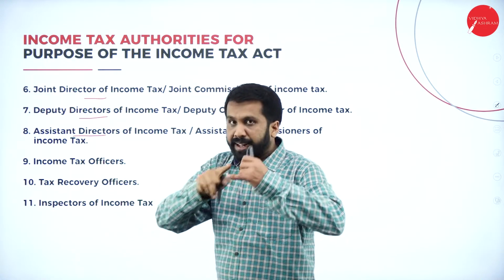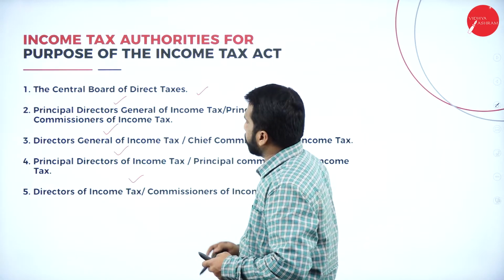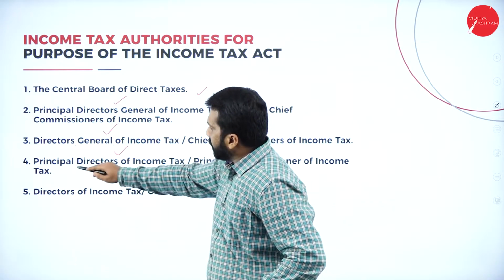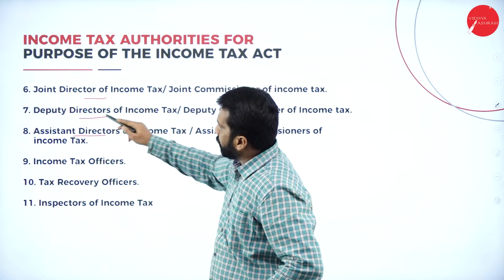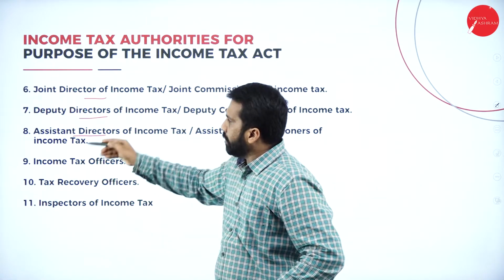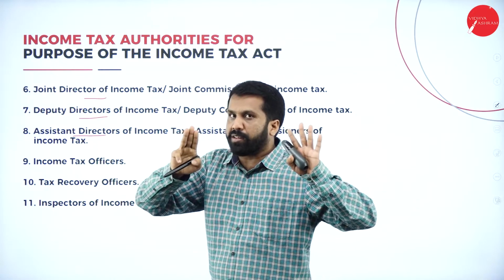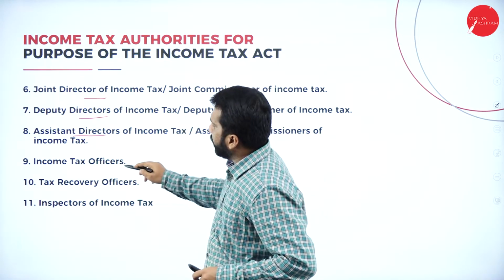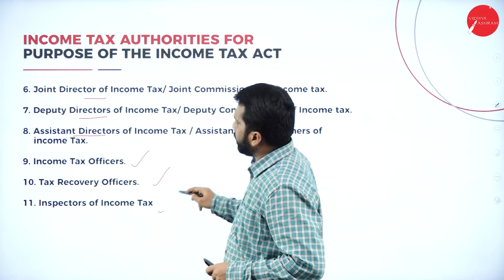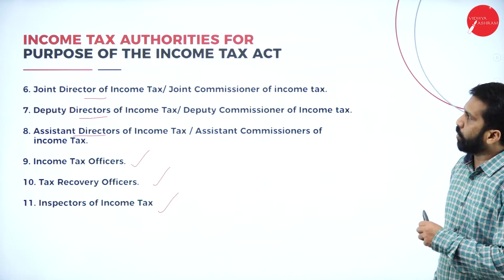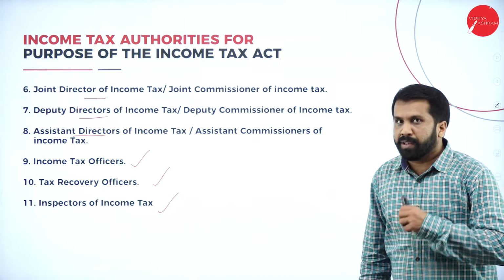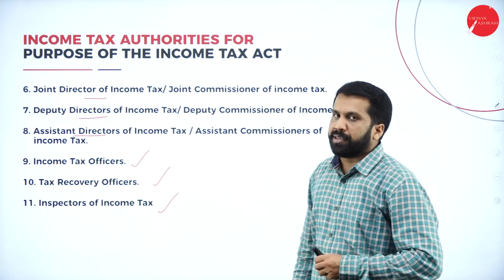You got 8 points by calling them Director. Then Income Tax Officer, Tax Recovery Inspector. These are called your income tax authorities. Hope you are clear. Yes, this is also your 10-mark question.